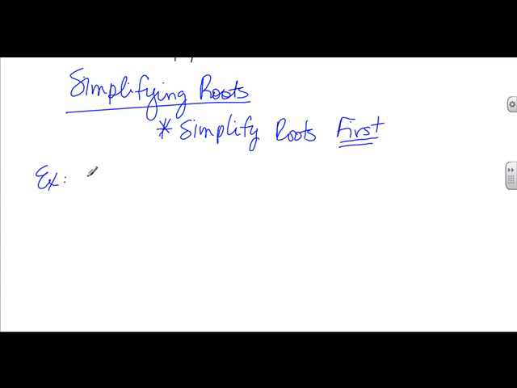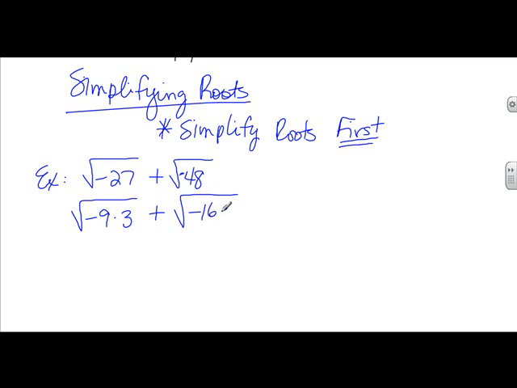So, for example, we've got the square root of negative 27 plus the square root of negative 48. We're going to think about that as negative 9 times 3 under the first radical and negative 16 times 3 under the second radical. The square root of negative 9 is 3i, and then the 3 stays under the square root.